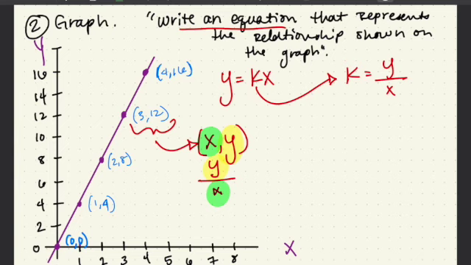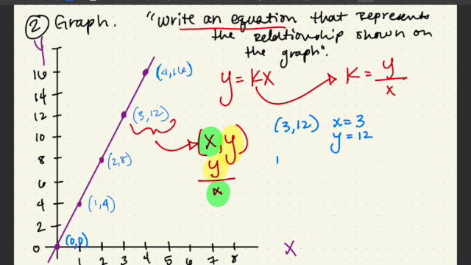Okay? So when we do this, our point here is 3, 12. Our x value is 3. Our y value is 12.